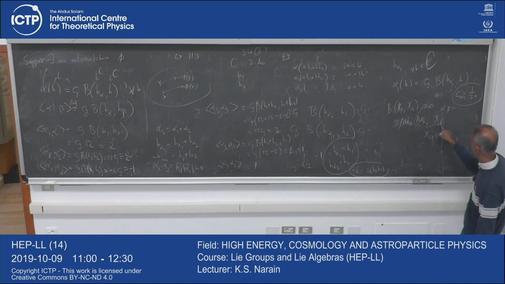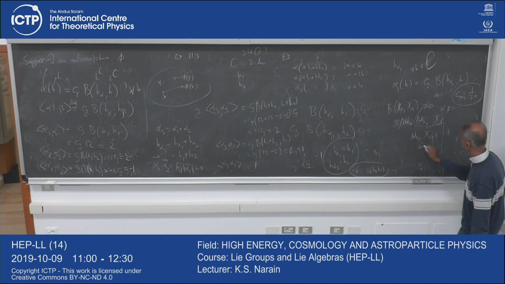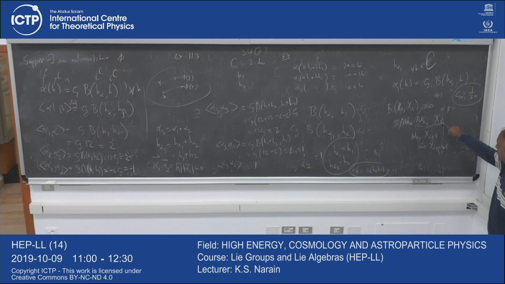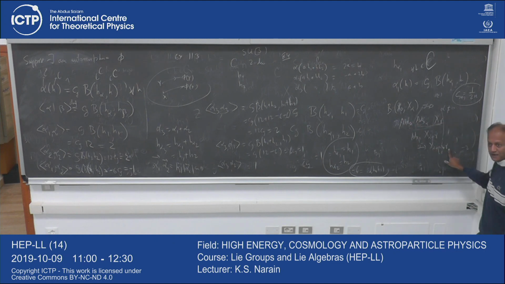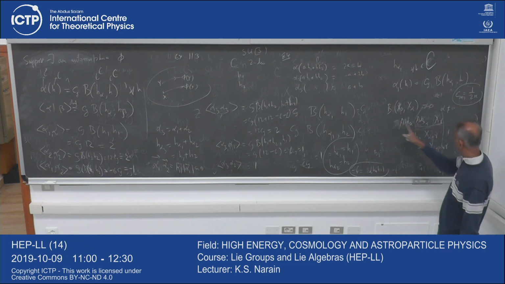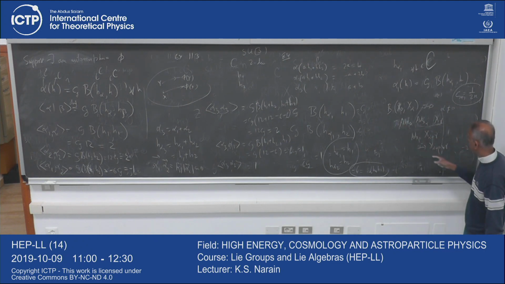Already, ad X alpha acting on X gamma gives you alpha plus gamma. Now I'm looking at ad X beta acting on this. That will give me X of alpha plus beta plus gamma. So the combination of these two took X gamma to X of alpha plus beta plus gamma. And now I have to take the trace. So the trace will be non-zero only if alpha plus beta is 0.